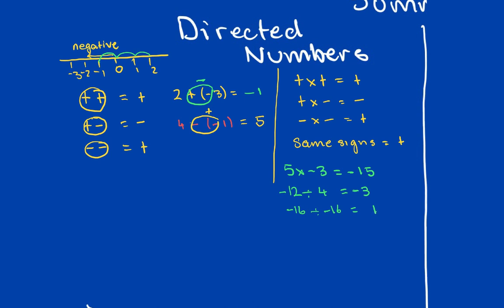And negative 16 divided by negative 16. Well, there's just one left over and they're both negatives, which makes it a positive. Okay, so I think I've got the main ideas down for directed numbers.